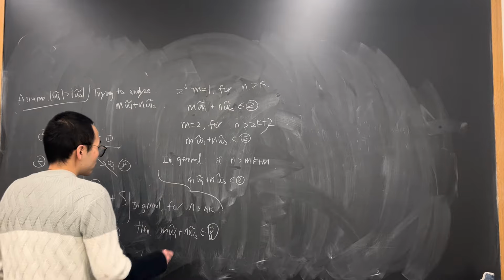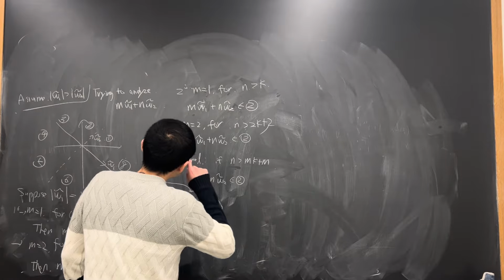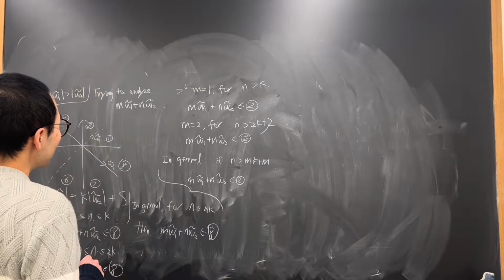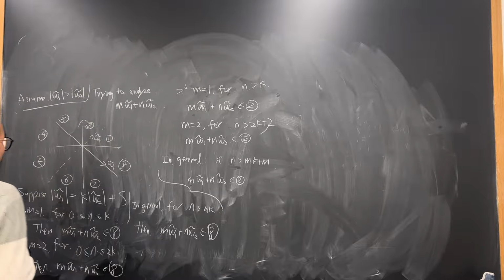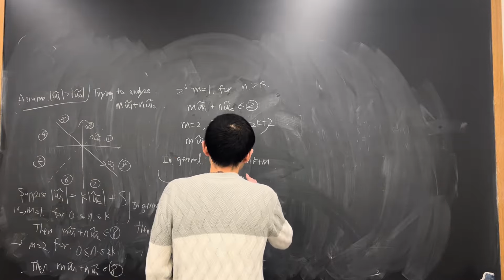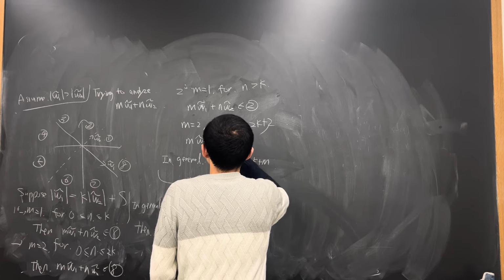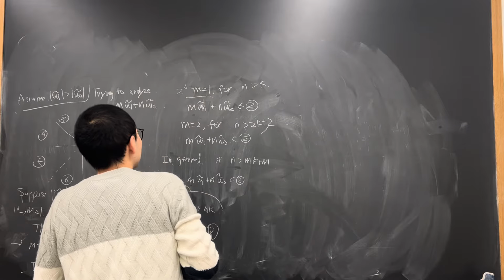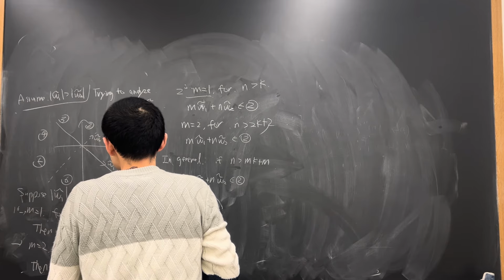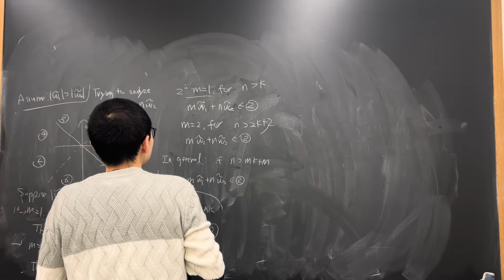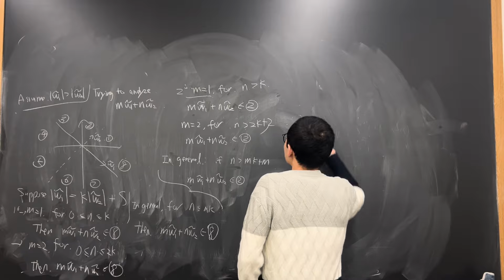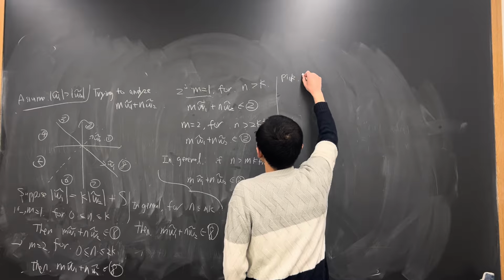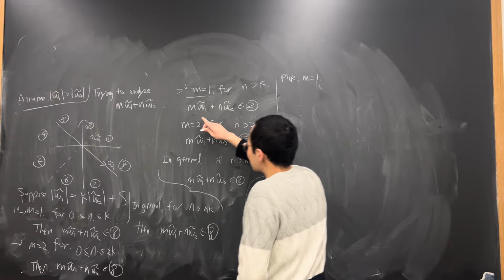Okay, so let's see whether we can get some cancellation here. Let's look at the m equal to 1 case. Pick m equal to 1. Oh shoot, this is not true.